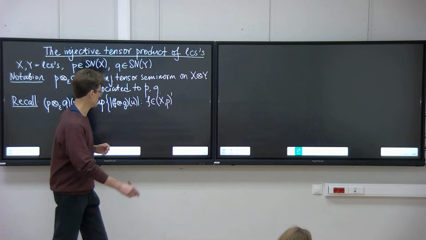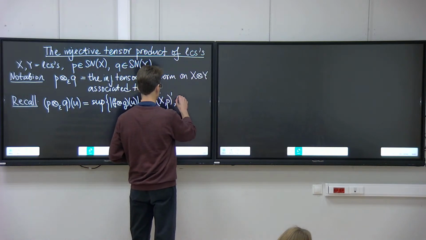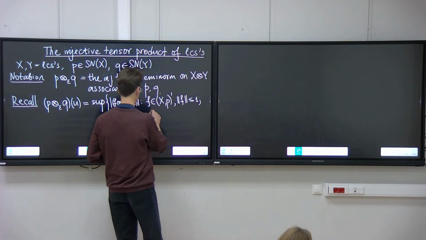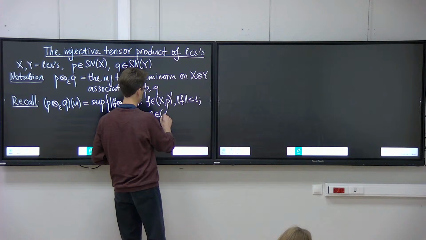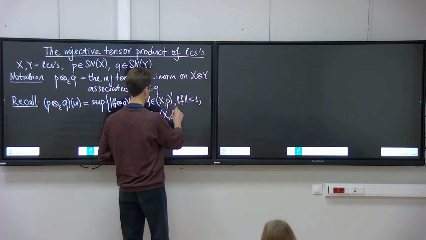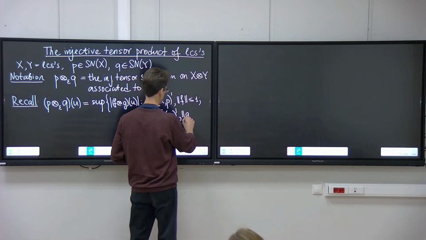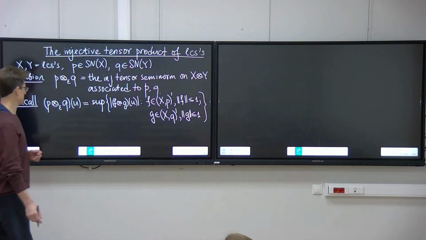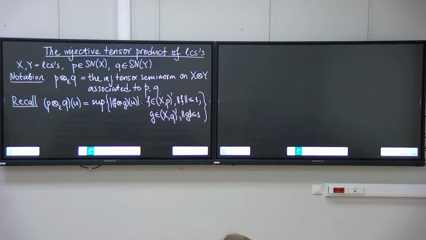This is a seminorm space, and we let f run over the unit ball of this space. And similarly, g runs over the unit ball of the space dual to Y. So this is the definition of the injective tensor seminorm.